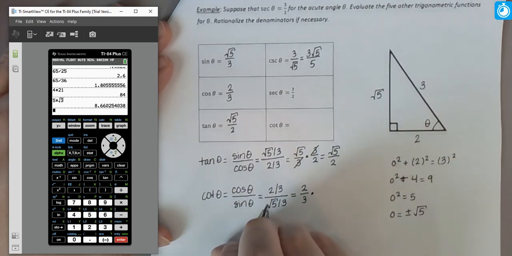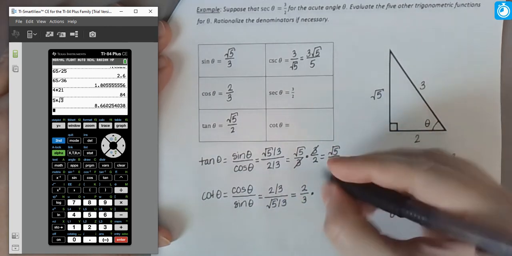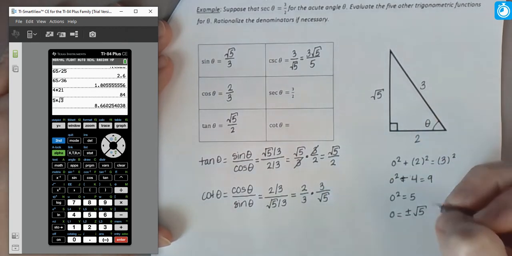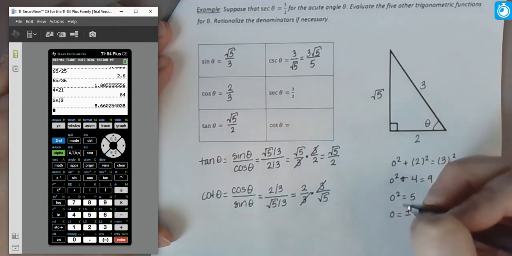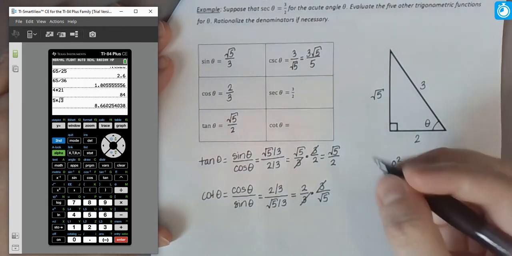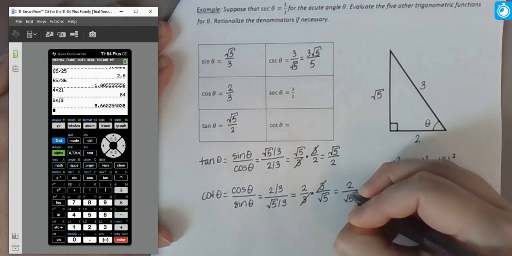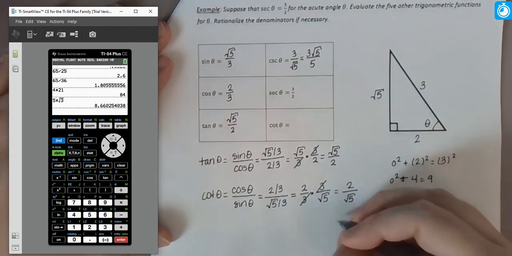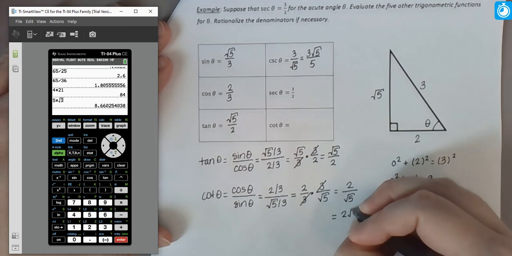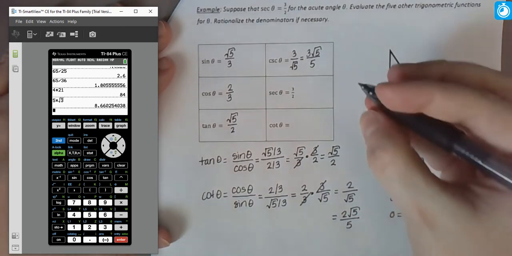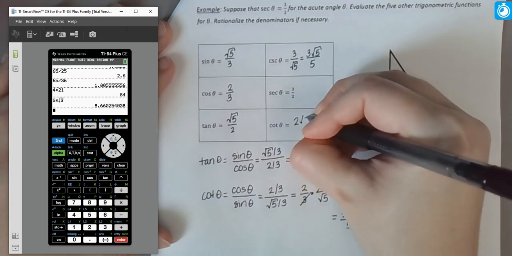So we take the reciprocal of root 5 over 3, and that's going to be 3 over root 5. So our 3's are going to be eliminated. So that's going to give us 2 over root 5. And we need to rationalize that, and that's going to be 2 root 5 over 5. So that will be our value for cotangent.